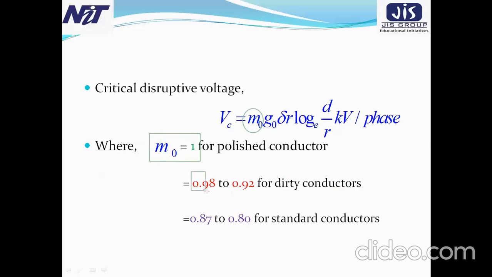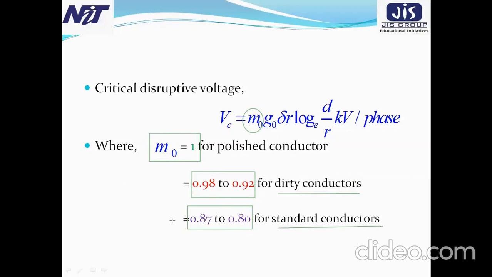The value of M0 is 0.92 to 0.98 for a dirty conductor, and 0.80 to 0.87 for a standard conductor. You have to remember all of this.